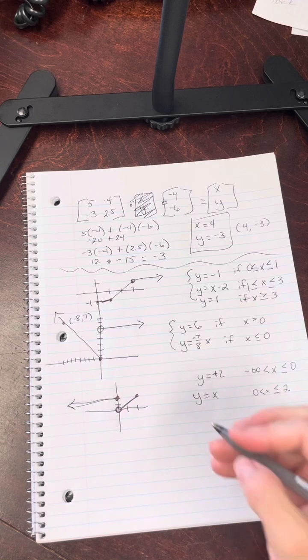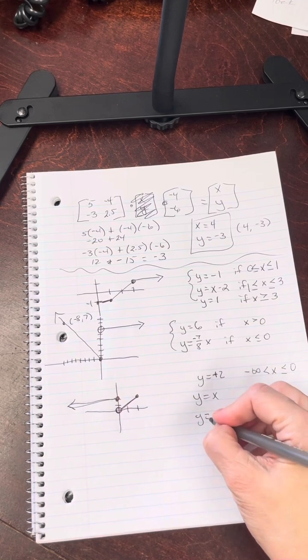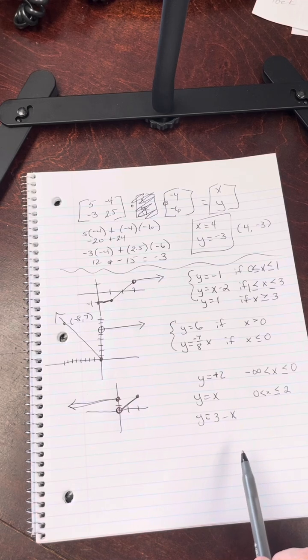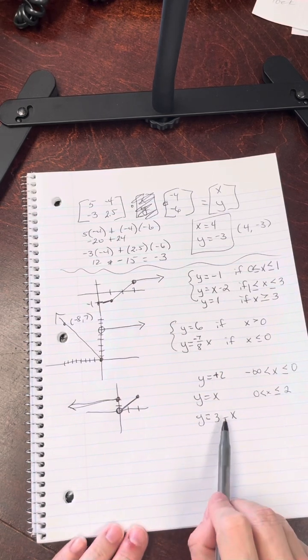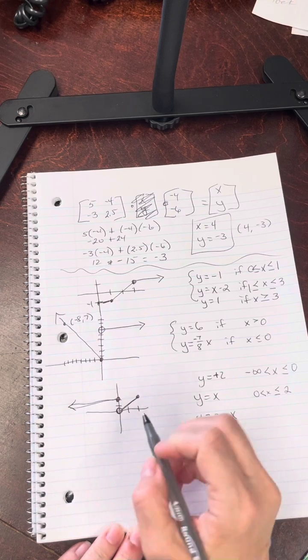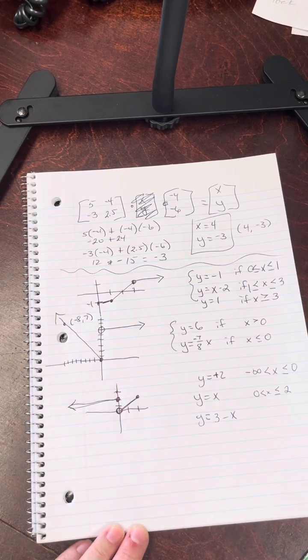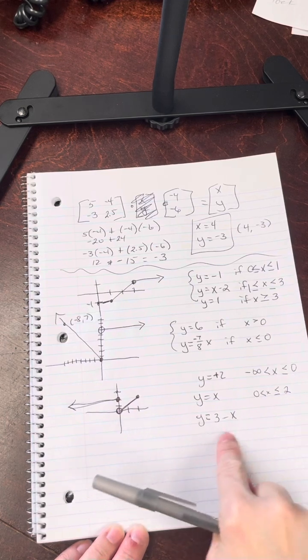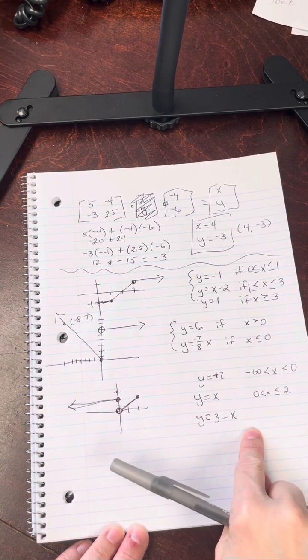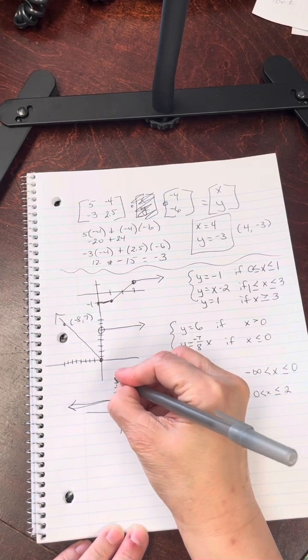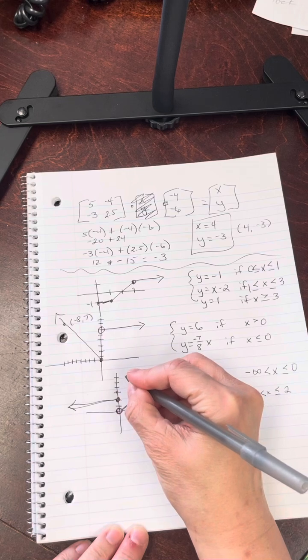And the last one says y equals 3 minus x. So this is like the flip-flop of y equals mx plus b. So I know that I'm starting on the y line at 3, technically. And I don't know whether I actually have a dot there or not, because I've not looked at my boundaries. I'm just kind of getting a picture of what this line does. And then I would do a slope of rise 3, run 1.